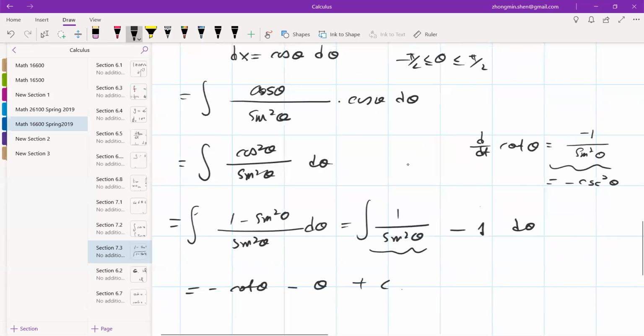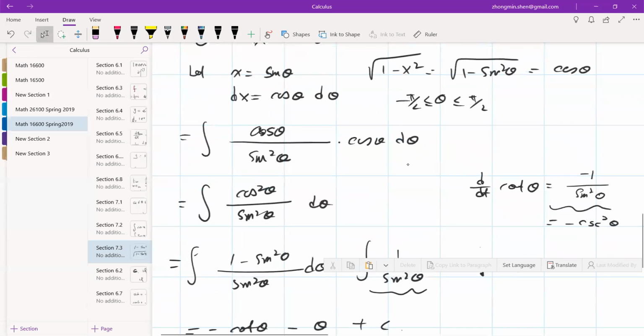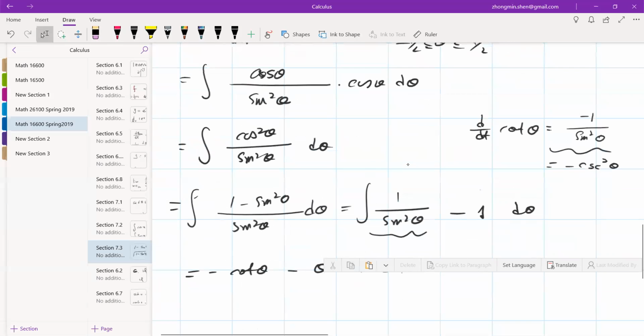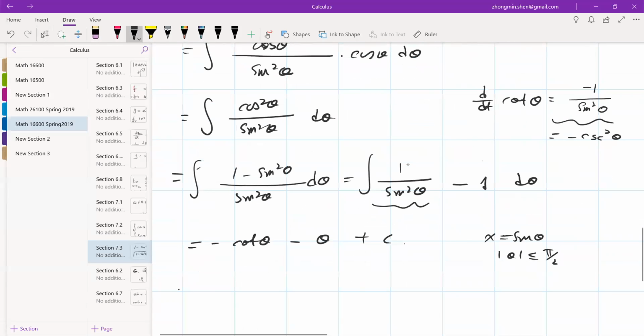Now I have to go back to x because we don't like theta. I remember x equals sine theta, and theta is between negative pi over 2 and pi over 2. Because of this, cosine theta is going to be positive, so cosine theta is the square root of 1 minus sine squared theta.